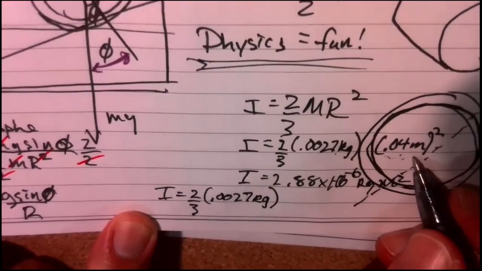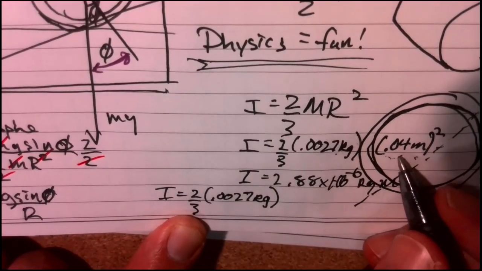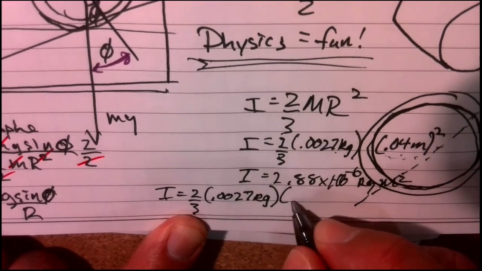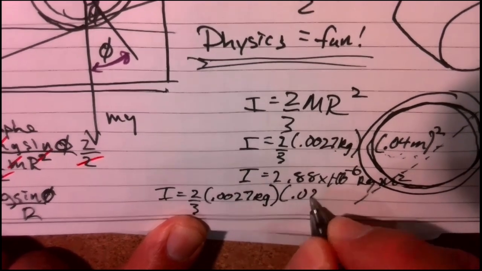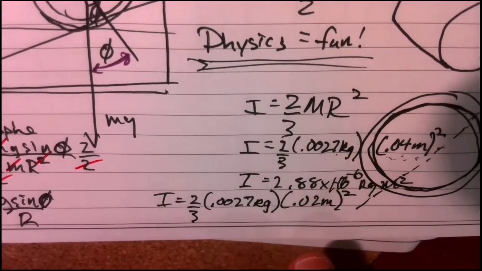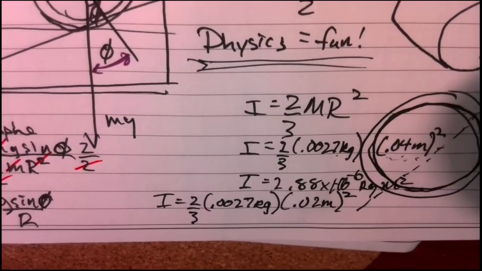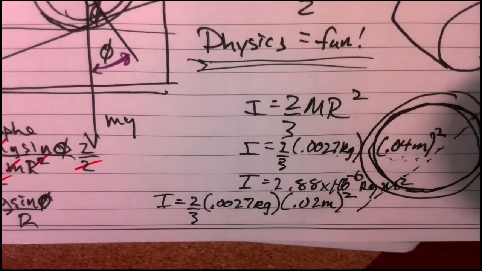This part is definitely wrong. We should have the radius, not the diameter. Half of this is going to be 0.02 meters squared. Okay. I see, I didn't read the problem. It clearly says diameter, not radius. All right, let's throw this into MATLAB.